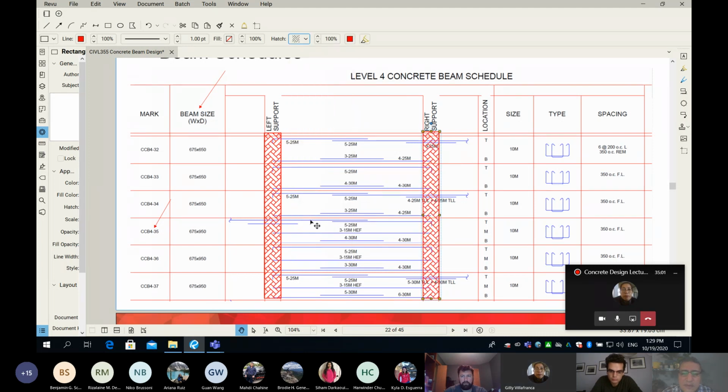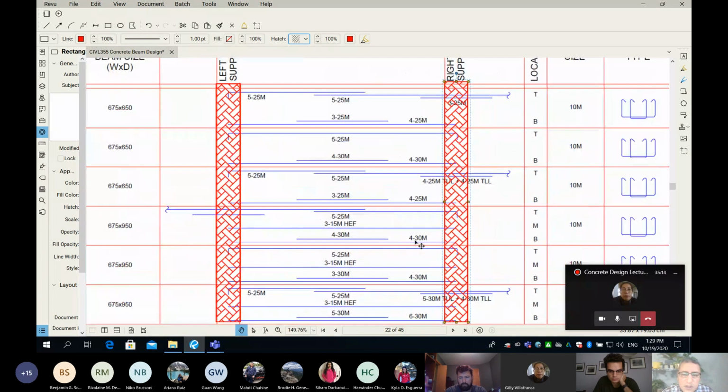So the beam is 675 by 950 depth. Here is the reinforcement. We have 4 30M going all the way between the columns.